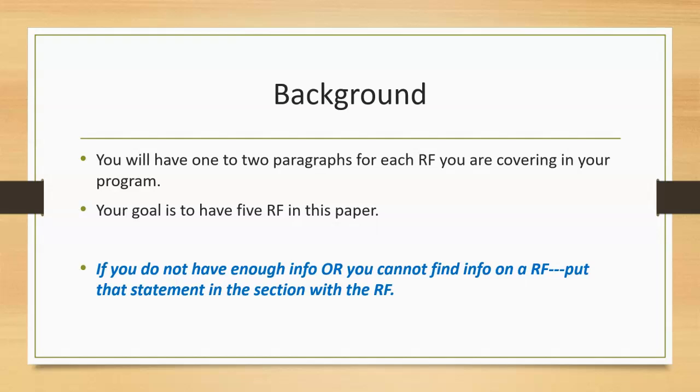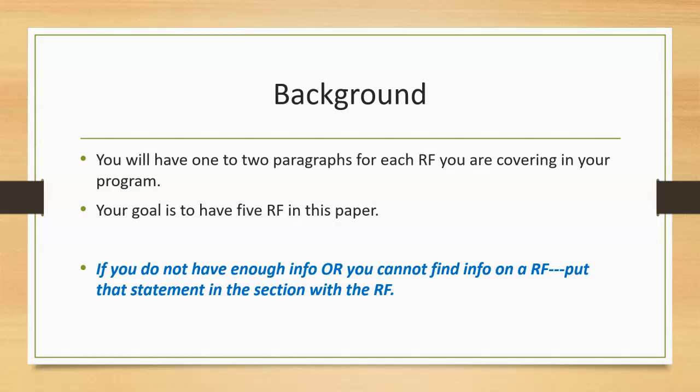And then your goal, as it says in this paper, is to have 5 risk factors. The reason we're starting with 5 is because things are going to be eliminated as you progress through the semester. If in your needs assessment outline I already decreased you to fewer than 5, then use the feedback from the needs assessment outline to make this happen.